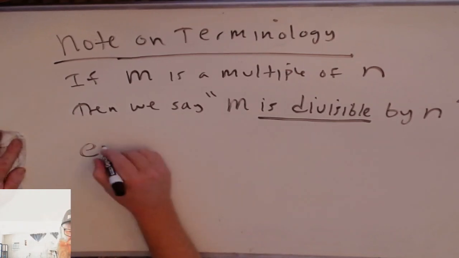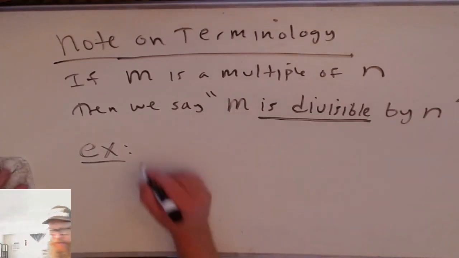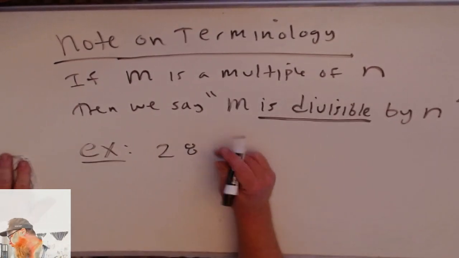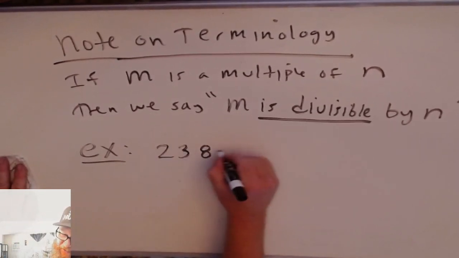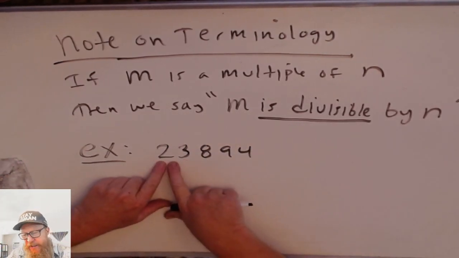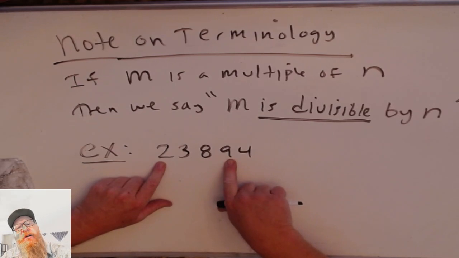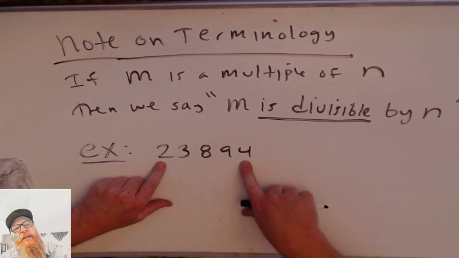So for example, I don't know, what's one that we did? Let me just pick one out here that we did. 23,894. Let's check it. 2 plus 3 is 5. 5 plus 8 is 13. 13 plus 9 is 22. 22 plus 4 is 26.